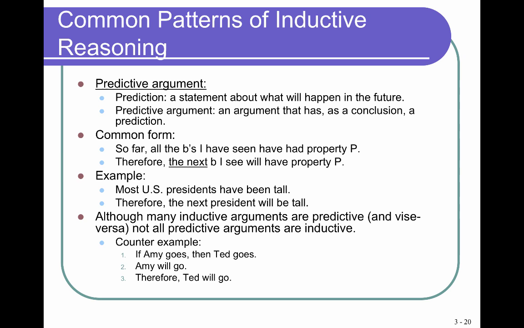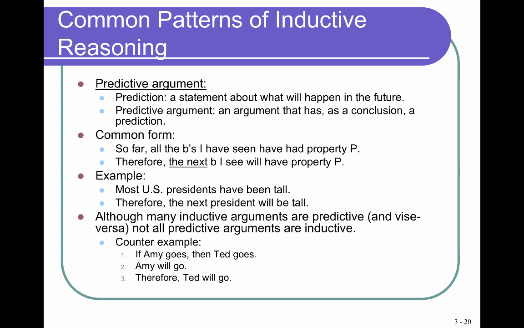Predictive arguments are kind of the same thing as inductive generalization. But instead of coming to a conclusion about what is the case, you come to a conclusion about what will be the case. In other words, you make a prediction about the future based on your observations. So your conclusion is a prediction about what will happen or what will be true in the future.